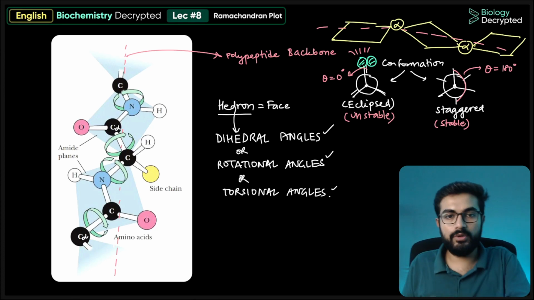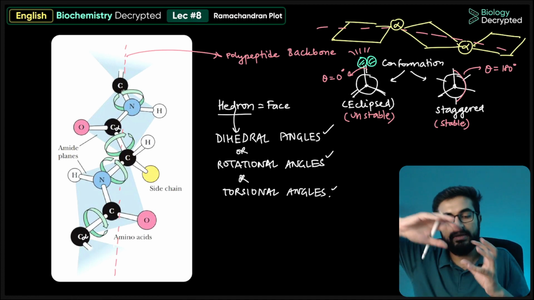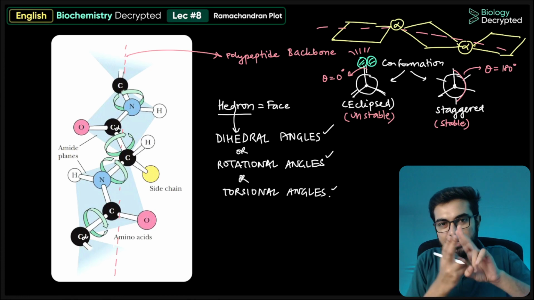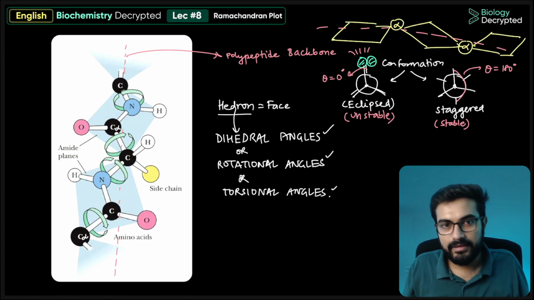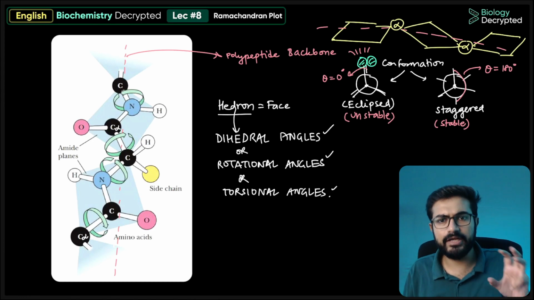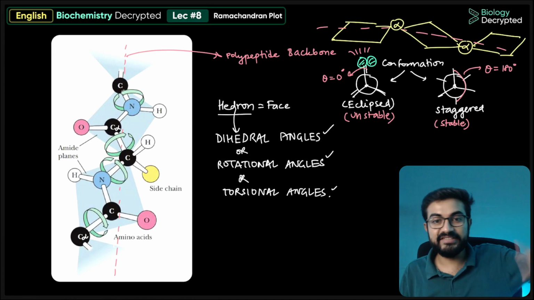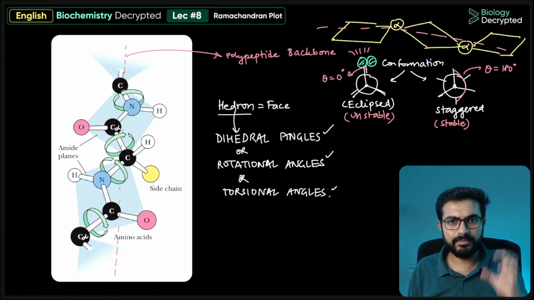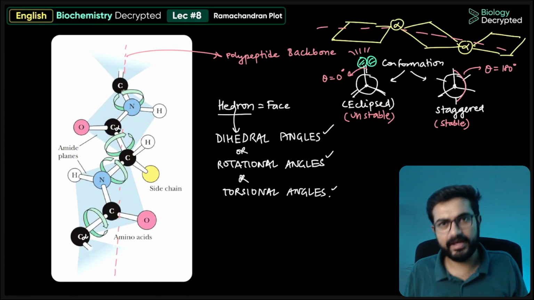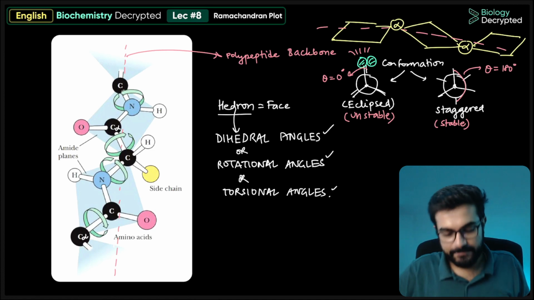Obviously, they bring about torsion or strain into the system, because at some angles it may happen that they are actually in an eclipsed conformation and they are unstable. Like this particular conformation is unstable and it is generally not allowed. So there comes the concept of allowed and disallowed conformations. Some conformations are favorable and they are allowed, and some are not favorable and they are disallowed. So this concept is always applicable.